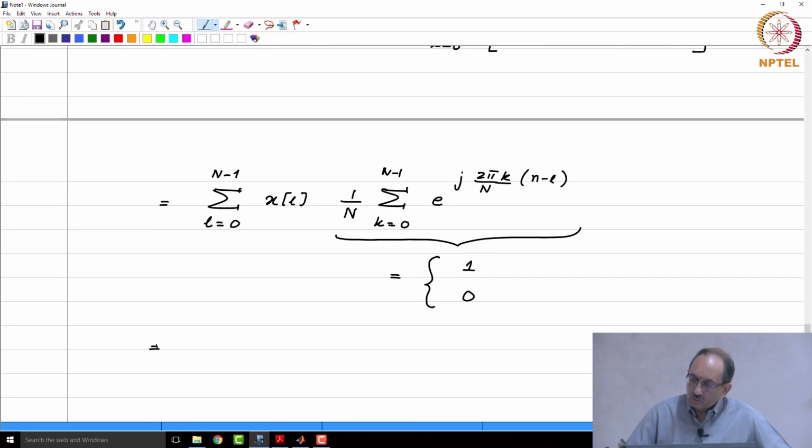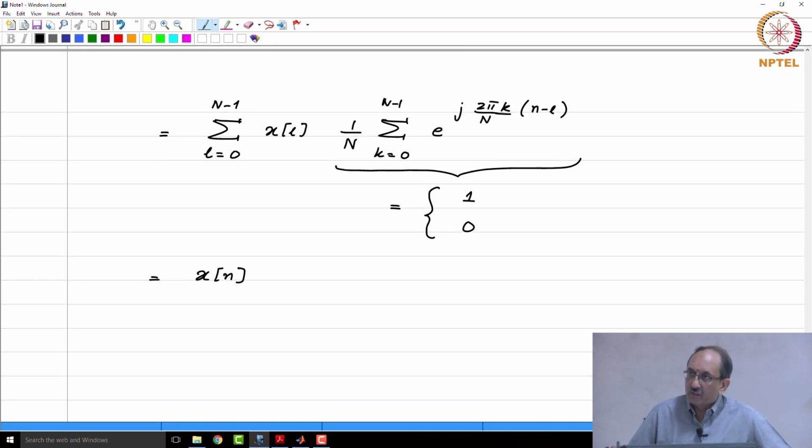Therefore, the only term that will survive will be x of n. So, this indeed shows that you get back x of n starting from this. So, the inversion formula is indeed correct.